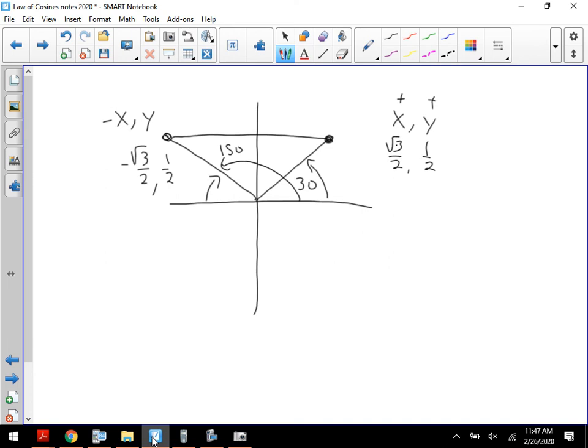That's why the x value went negative, because it switched to the second quadrant. The y value stayed positive. When you have acute and obtuse angles, it's possible for their sine values to be the same. That's why the sine of 30 and the sine of 150 are both 1/2.